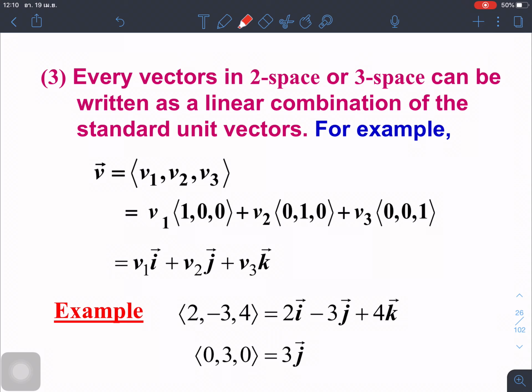Sorry, I made a mistake. Let me revise it a little bit. v1 multiplied by vector i, v2 multiplied by vector j, and v3 multiplied by vector k.